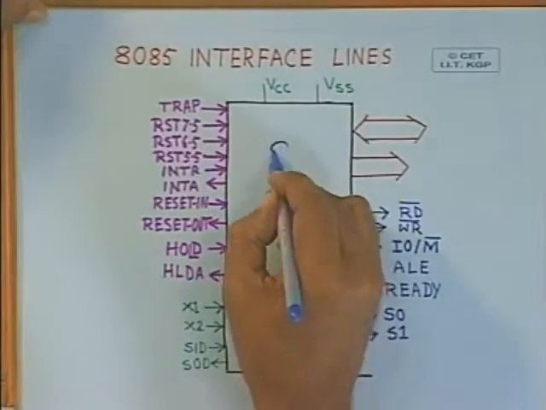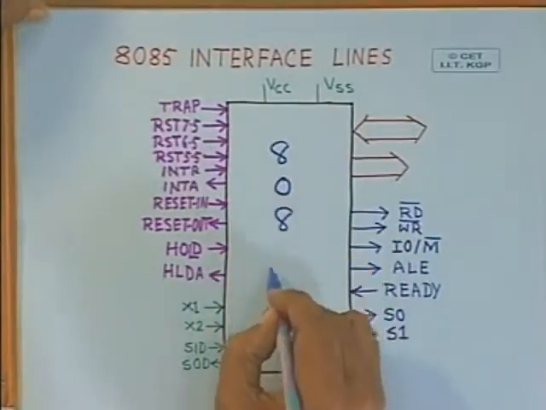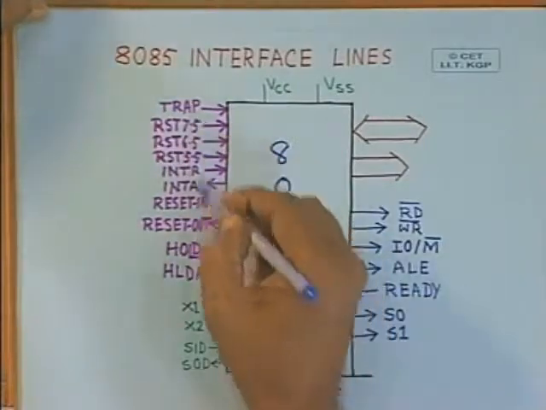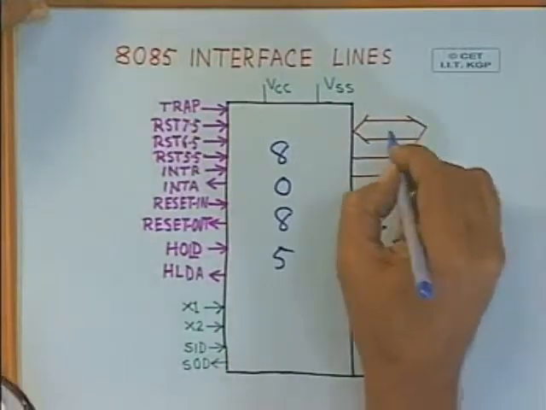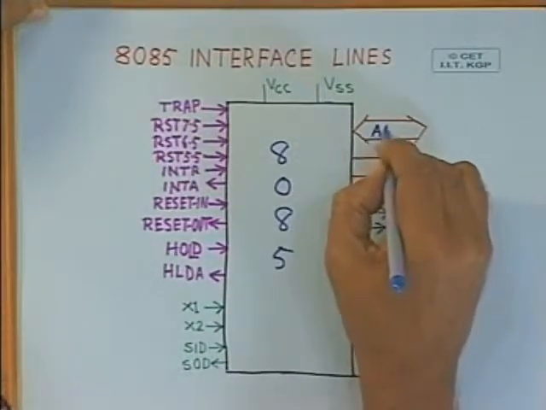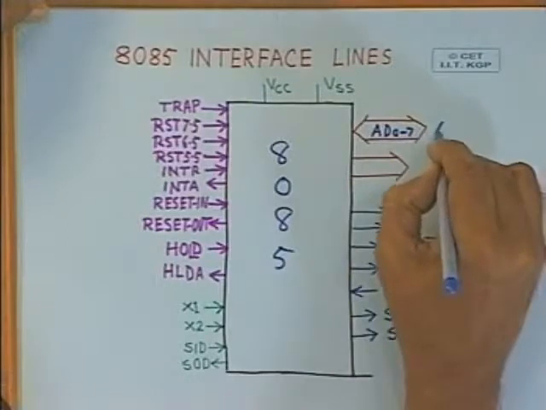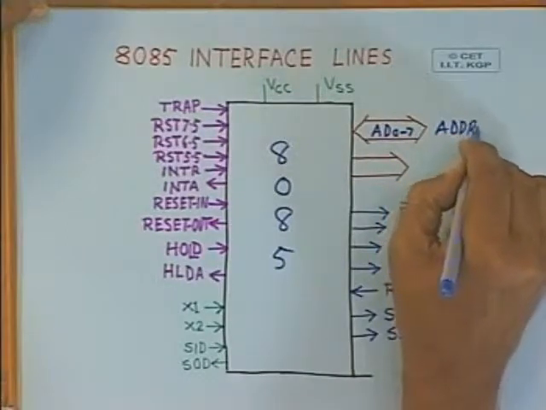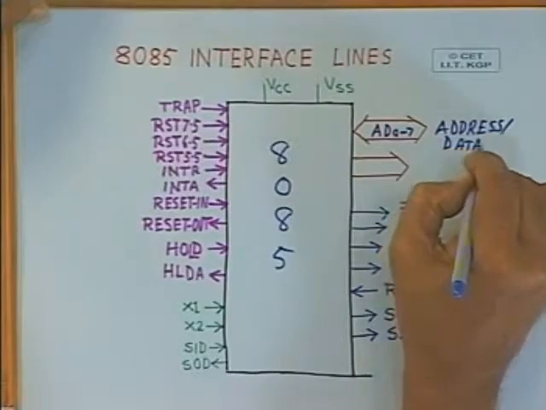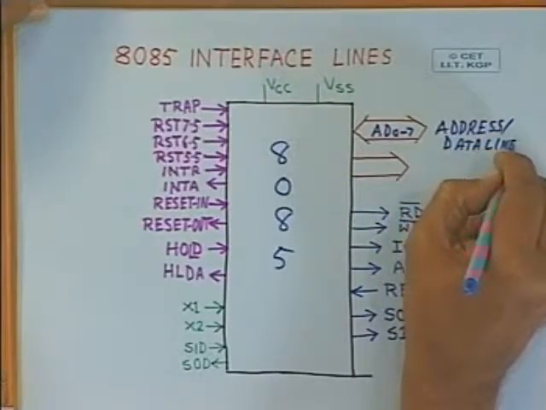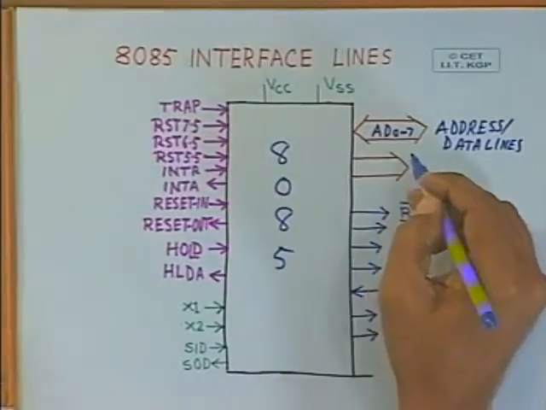This is the 8085 microprocessor. As I told, it is provided with 40 pins, and on these 40 pins you have got AD0 to 7. This is your address, data lines. As I told you, to optimize the usage of the number of pins, some pins are used for dual purpose.